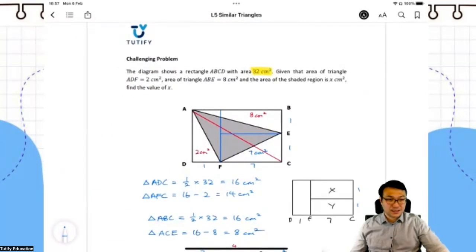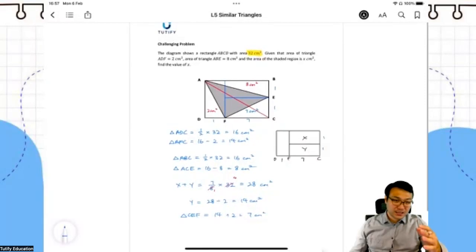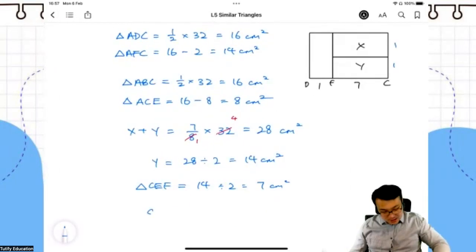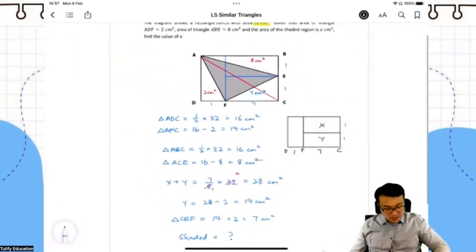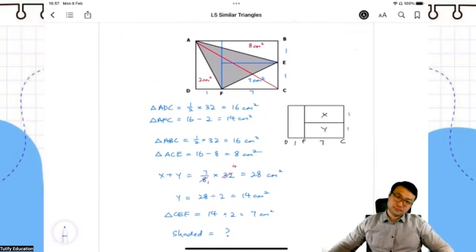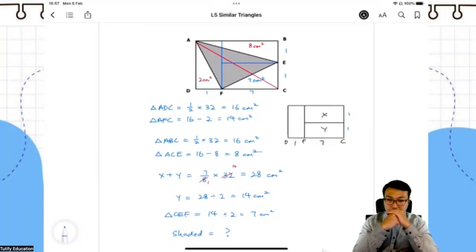Okay, thank you, Talia. Students, if you already know the answer, please write it down in the chat. Everybody, tell me the answer. What is the shaded region? The area of the shaded region equals to... Type in the chat, please. All right, Kaden, check your answer.